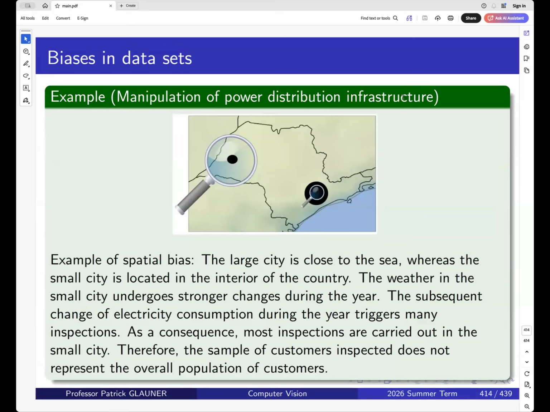For example, where a covariate shift could appear is this scenario here. Imagine, it's simplified, but it helps us to understand this issue, this is a state in Brazil, and in this simplified example we only have two cities. We have a big city, denoted by this big black circle, and a small city denoted by the small circle here.